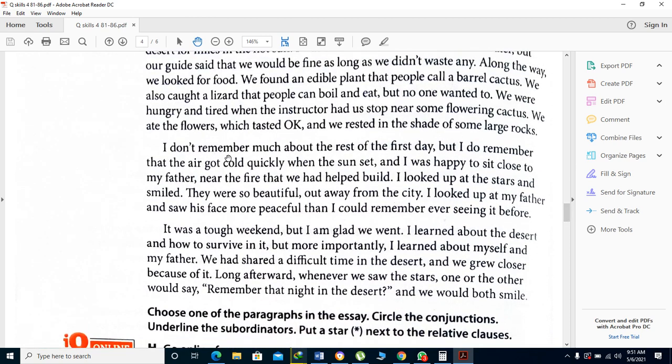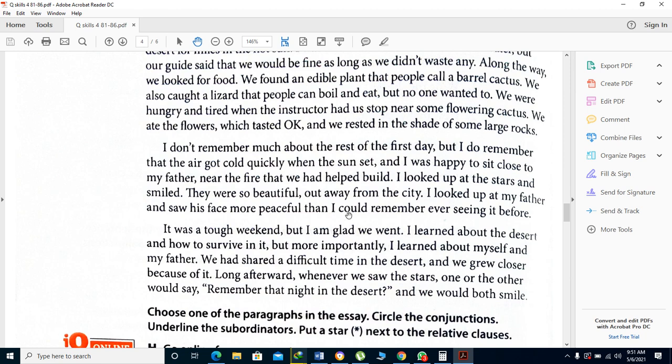I don't remember much about the rest of the day, but I do remember that the air got cold quickly when the sun set. So now you have one conjunction here. This is a coordinating conjunction, but then you have another subordinator here, subordinating conjunction when. You have another conjunction here, and. These two are coordinating conjunctions, and when is a subordinating conjunction.